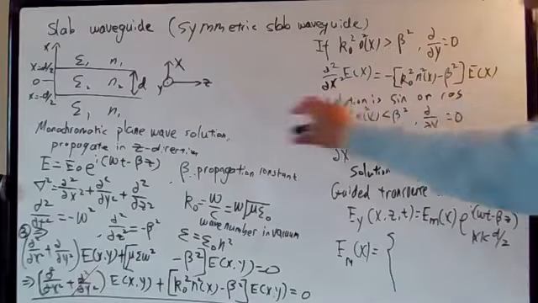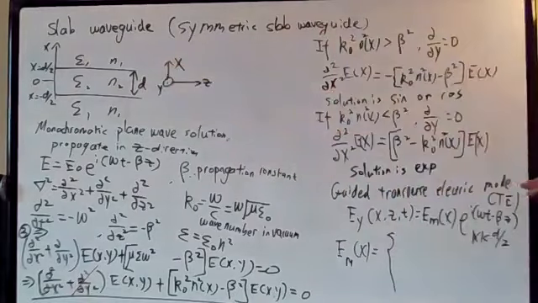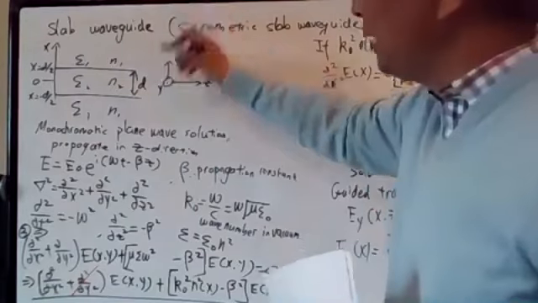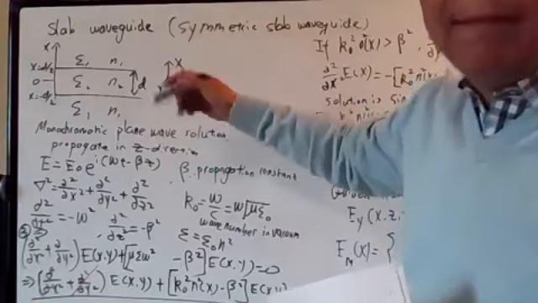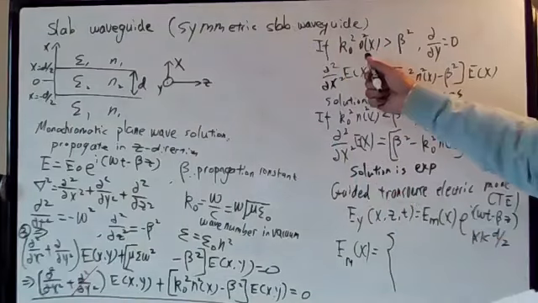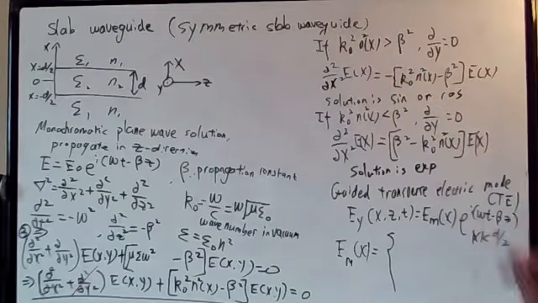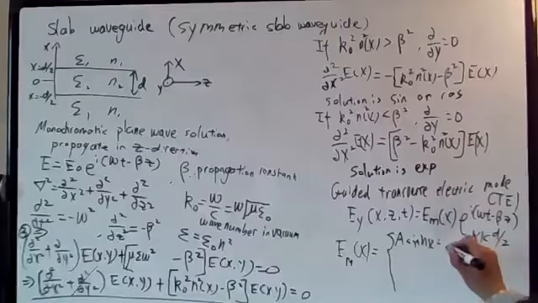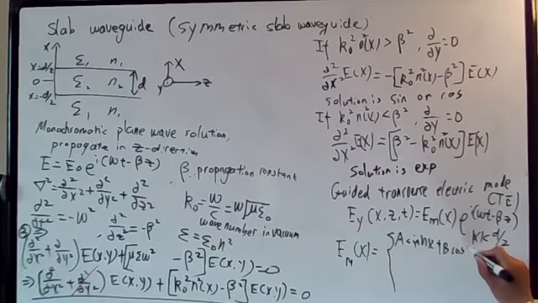So in the center, it's going to be sine and cosine, and outside it's going to be exponential decay, because in the middle the refractive index is bigger. So let's write it down. It's A sine hx plus B cosine hx, right? So let me write it.